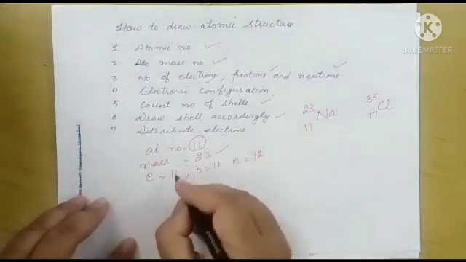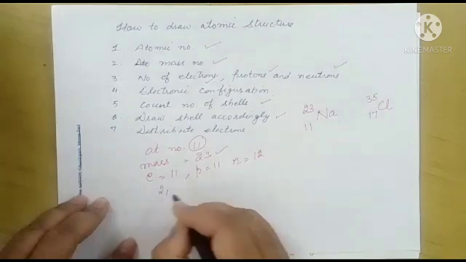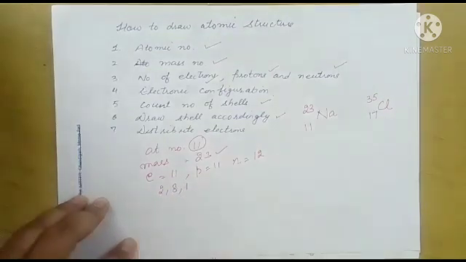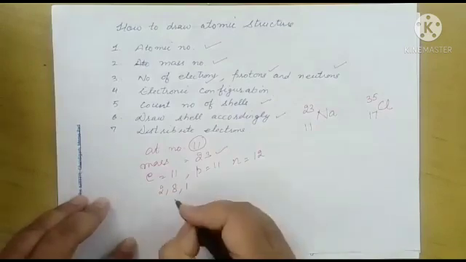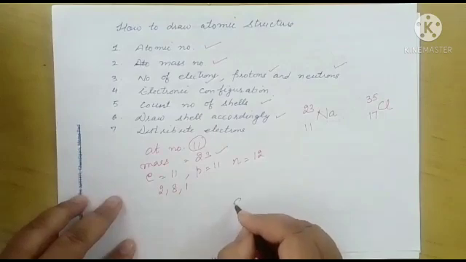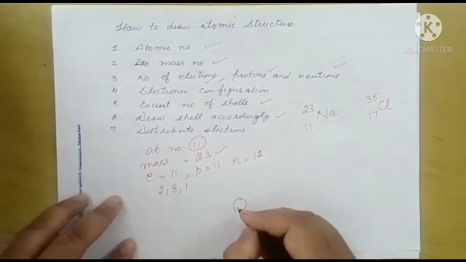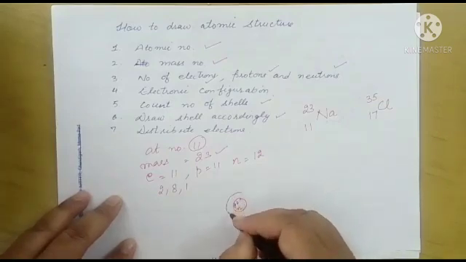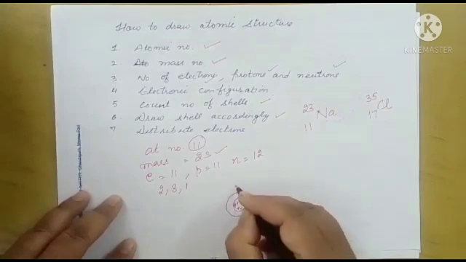Electronic configuration: 2 in the first shell, 8 in the next and 1 in the outermost shell. So we need 3 shells to distribute the electrons. This one is the nucleus, filled with protons and neutrons, and 3 shells for sodium.